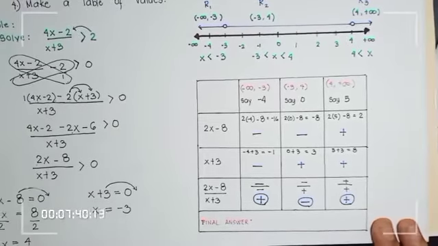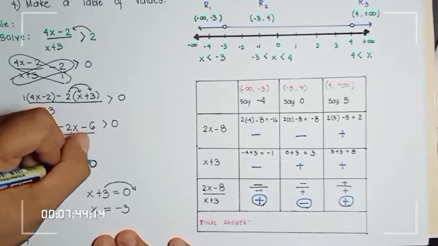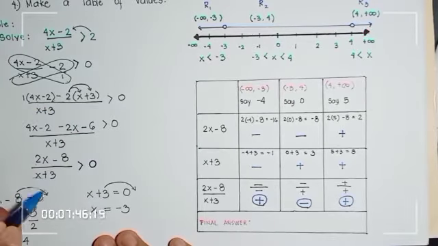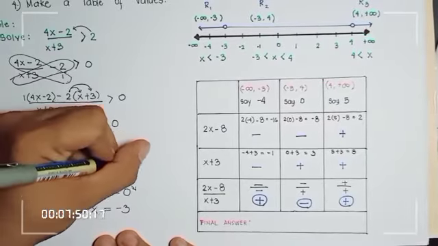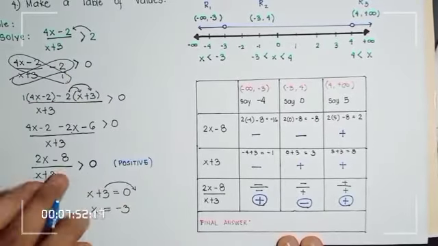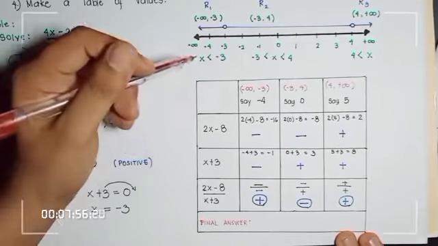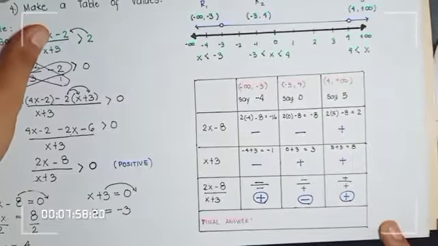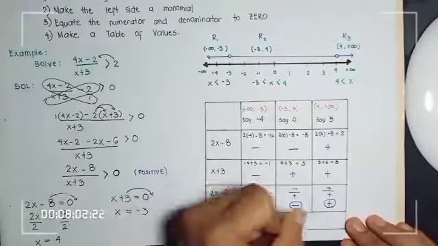Again, going back to our inequality, 2x minus 8 over x plus 3 is greater than 0. The numbers that are greater than 0 are the positive numbers. Therefore, from our regions, we are going to choose the ones that resulted in positive.